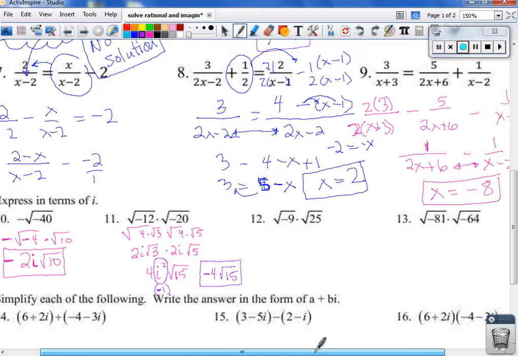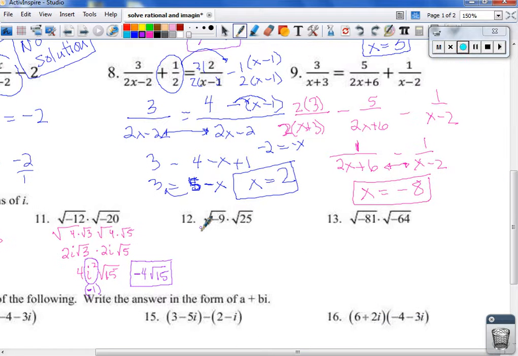Okay, so whenever we're taking the square root of a negative, we get an imaginary value. So root negative 9 is 3i, root 25 is 5, so 3i times 5 is 15i. Purely imaginary number.